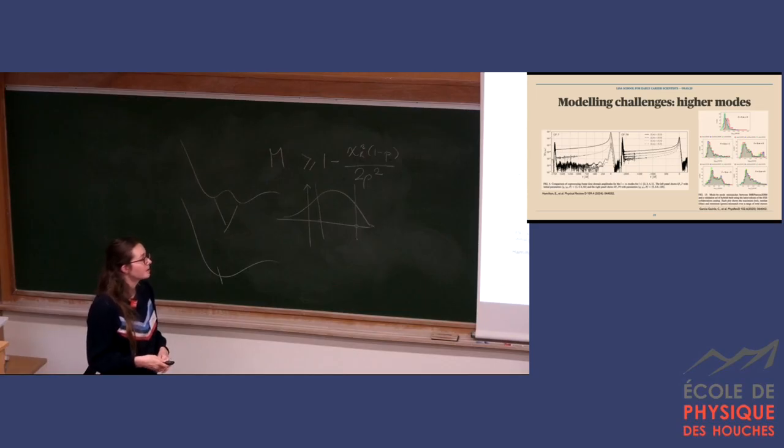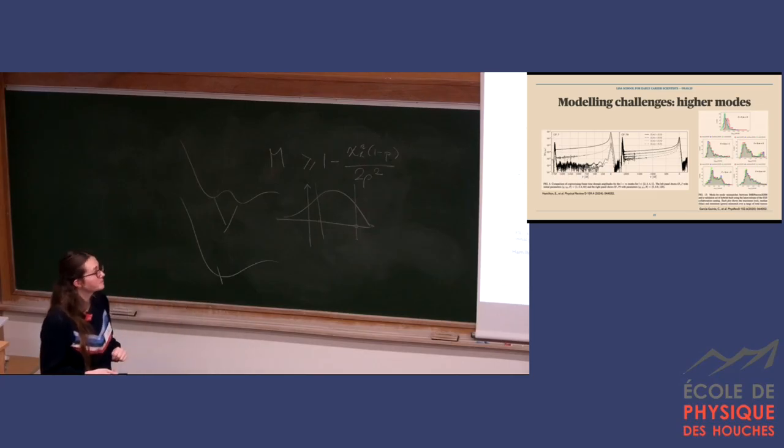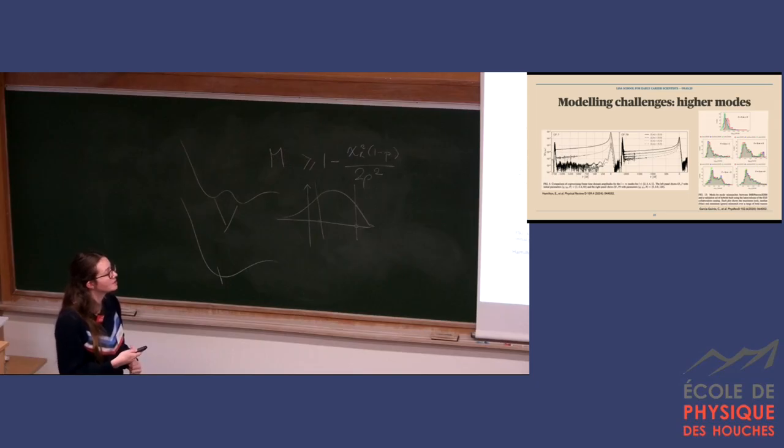Okay. One of the biggest challenges when building up all these models is producing the higher order modes. And this is partly because when we come to calibrating things, you can see that for our NR waveforms, these are just an example, but at a mass ratio 1 system, our higher order modes are just lost in the noise of the data. And so it's extremely difficult to produce an accurate model.